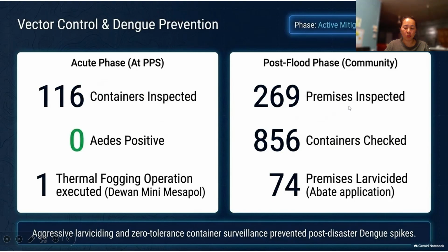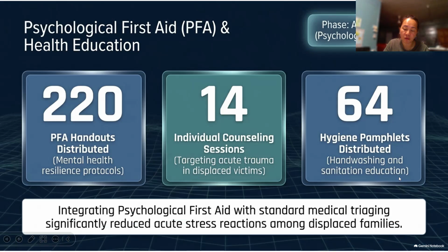And during the post-flood community phase, 269 premises were inspected and 856 containers were checked. Larviciding using ABATE was also carried out at 74 premises. This activity was important to reduce mosquito breeding and the risk of dengue after the flood.